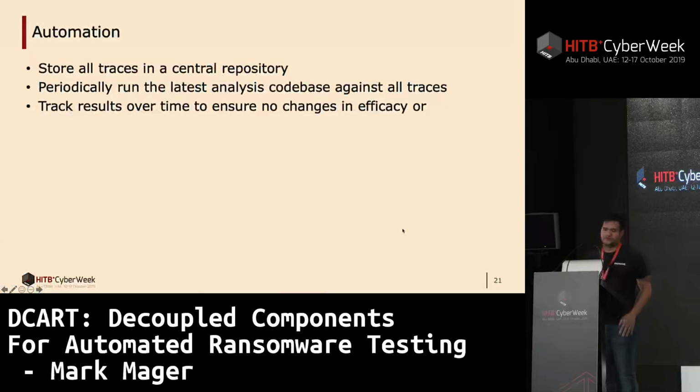Okay. So automation is pretty simple in our case here. All the traces, we can just store them in a central repository and periodically rerun our latest analysis code base against whatever we have for traces in that repo. You saw how easy it was to take one of those traces, invoke the Python interpreter and launch our script. That analysis takes place in a couple of seconds at most.